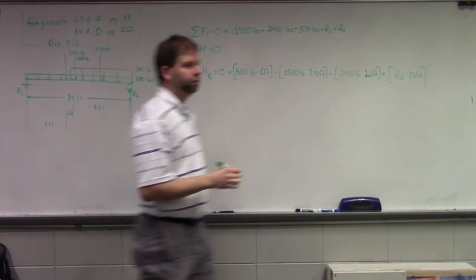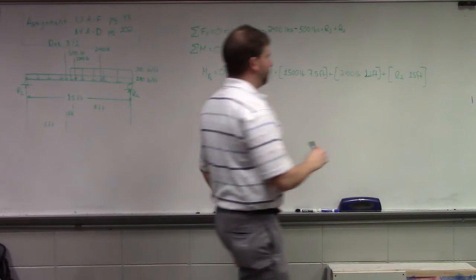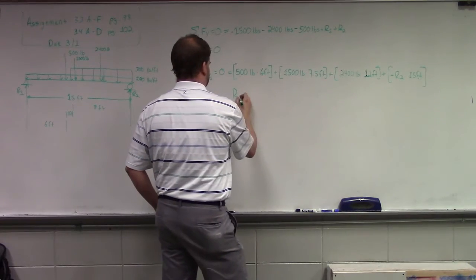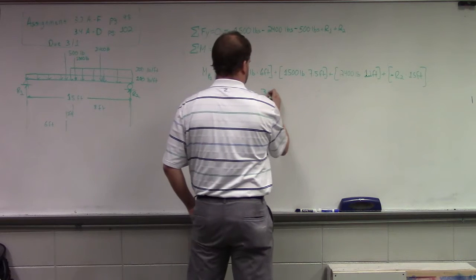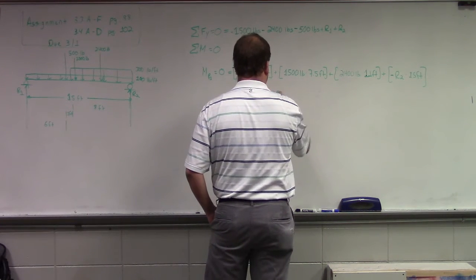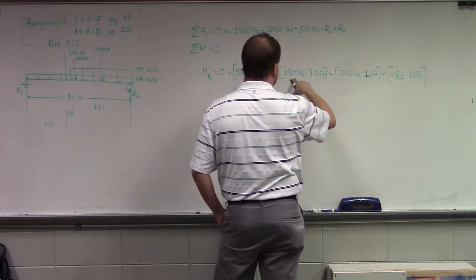What about R2? Is R2 trying to rotate about R1 in this direction or in this direction? It's counterclockwise, right? So it's going to have a negative value. That's fine. 10.5, right?